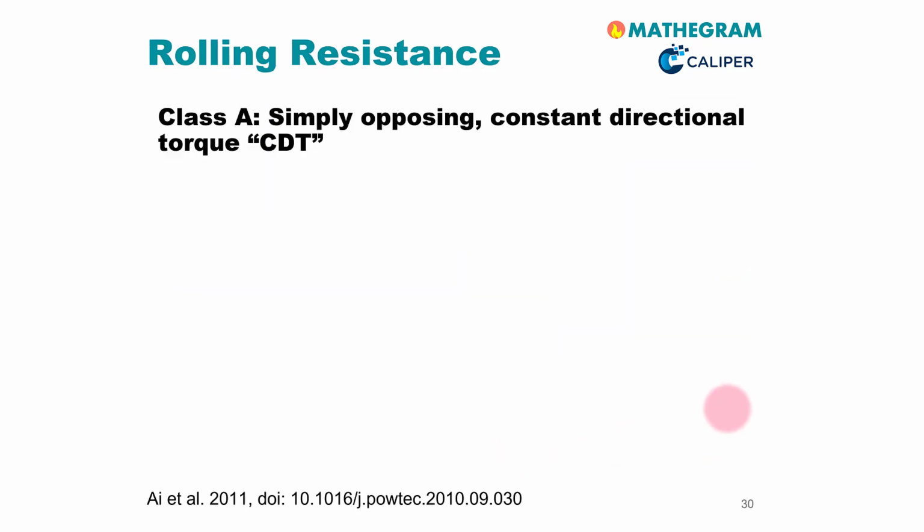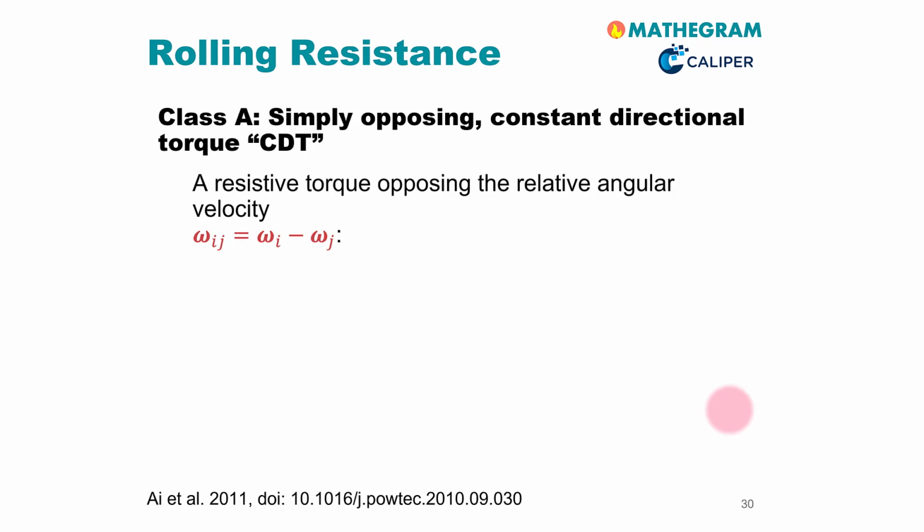So with that in mind, we can already continue to the different rolling resistance models. We have to distinguish between different classes. The simplest class is class A, where we have a simply opposing or constant directional torque closure. Again, we use the relative angular velocity omega ij here. This is defined just by the difference of the angular velocities.